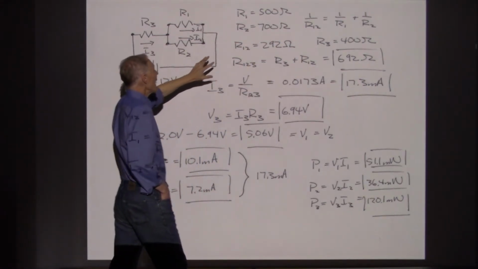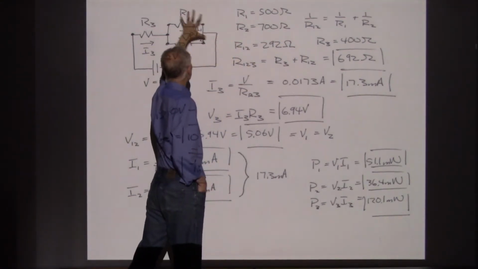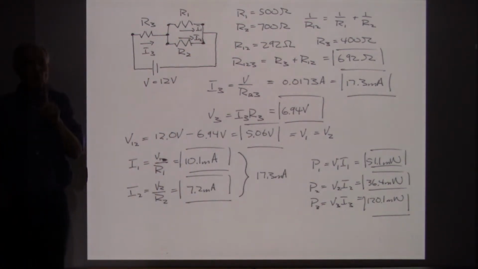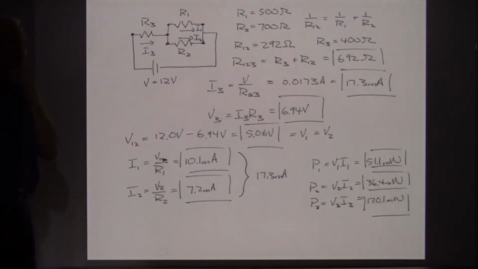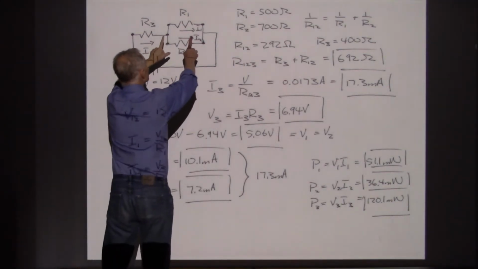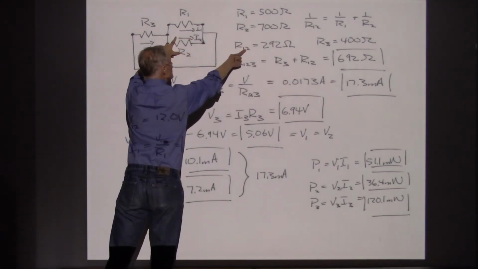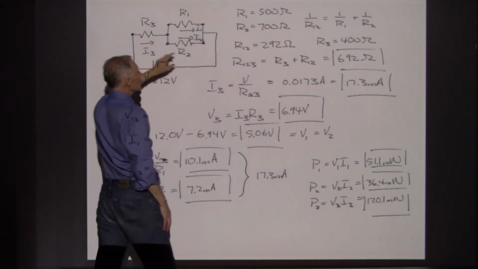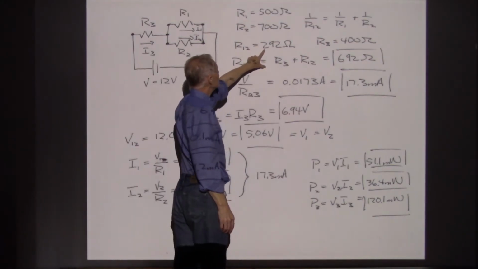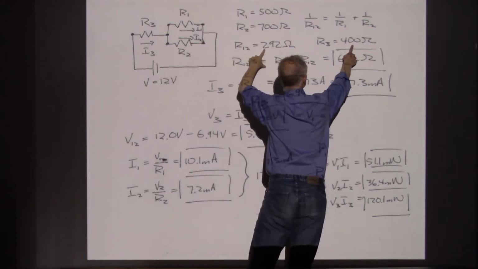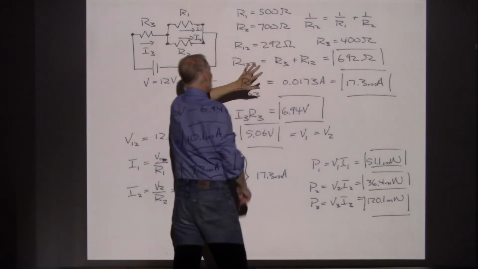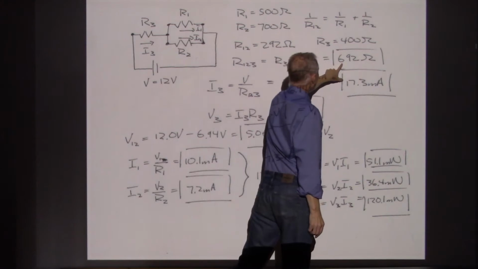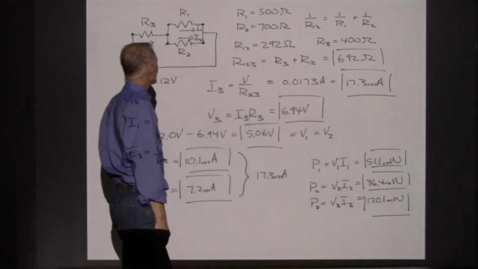Now, once I have R12 figured out, I've collapsed those two resistors. They can now be treated as one equivalent resistor, and that can be combined in series with R3. So I'll take the 292 number and combine it with the 400 ohms, and that will give me a combined resistance R123 of 692 ohms.